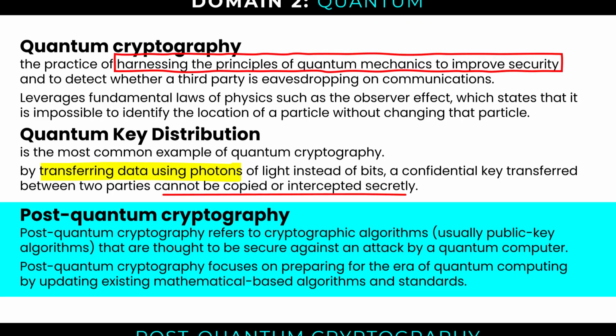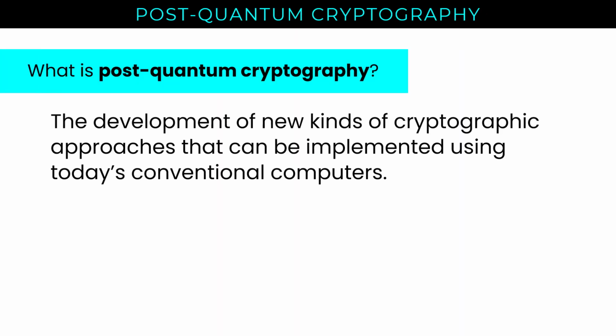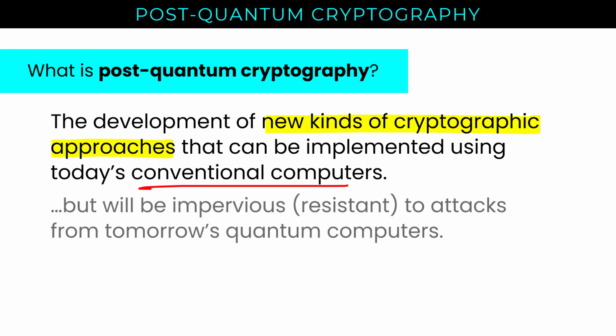So to put it a bit more simply, post-quantum cryptography is the development of new kinds of cryptographic approaches that can be implemented using today's conventional computers, but that will be resistant to attacks from tomorrow's quantum computers.